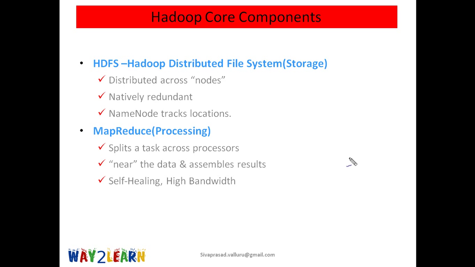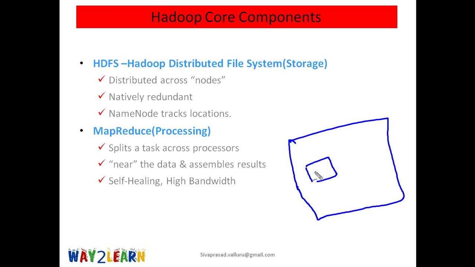Can you tell me how MapReduce is self-healing? Suppose a job is submitted, what happens? As we understood earlier, the client will submit the job to the job tracker, and the job tracker will pass the job to task trackers, and task trackers are the ones which are executing.